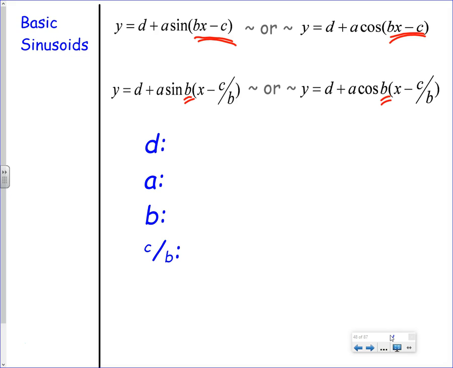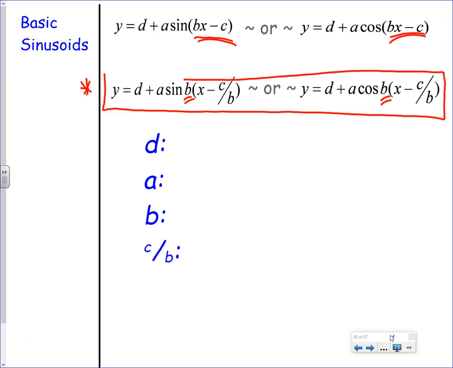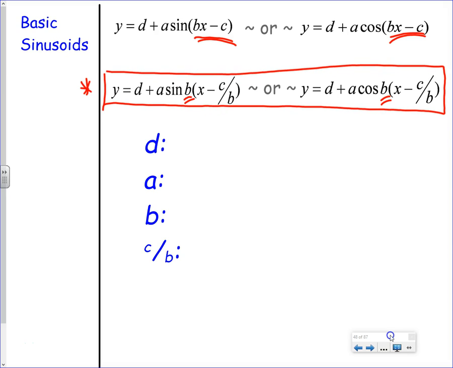To be honest, of all of these, probably the ones that we're going to look at most are going to be the bottom two. But I do want you guys to realize that you can take something written in the top form and you can make it into the bottom form just by factoring out.